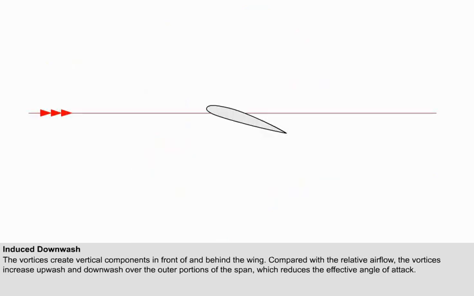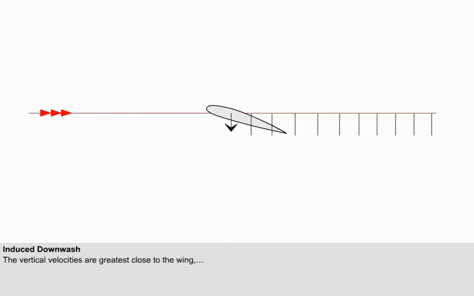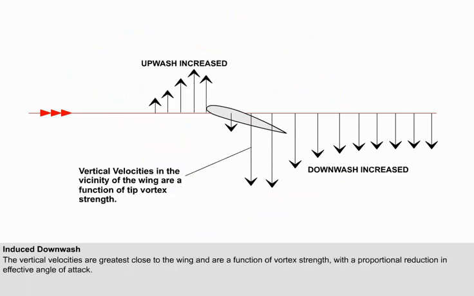If we look at this effect in cross-section, the vertical velocities can be seen to be greatest close to the wing where the vortices are strongest, and immediately ahead of the wing. These vertical velocities, then, are a function of vortex strength. So the stronger the vortices, the greater the reduction in effective angle of attack.